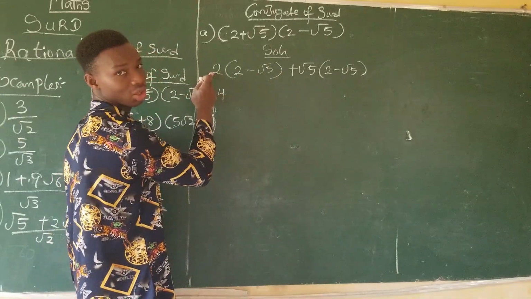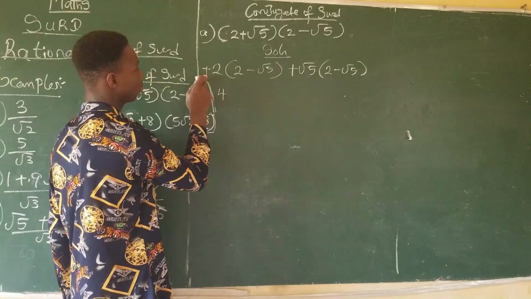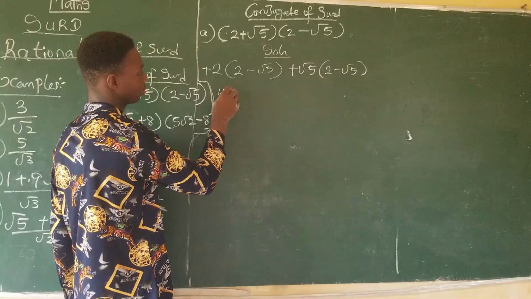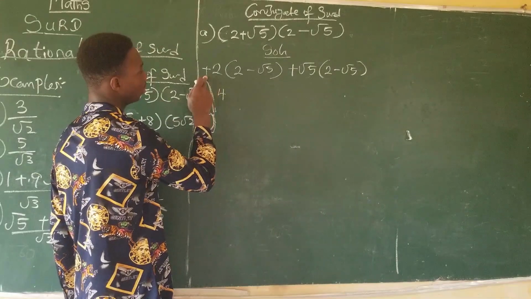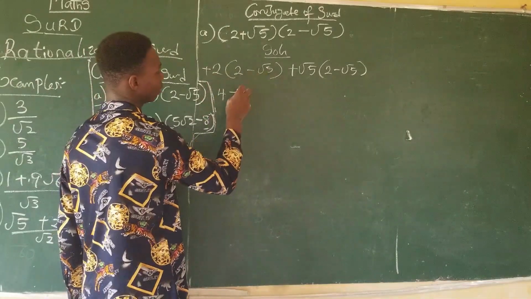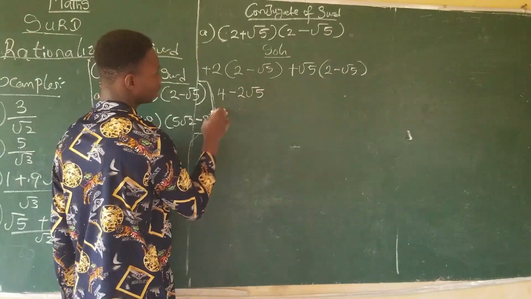This 2, since it's not carrying a minus sign, that means there's a plus sign here. Plus times minus gives us minus, 2 times root 5 gives us 2 root 5. We are done with this part of it already.